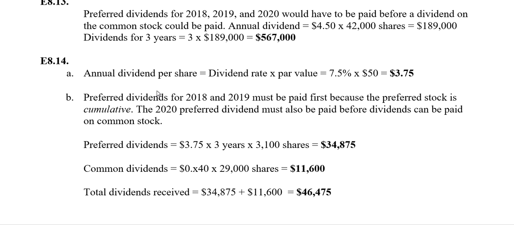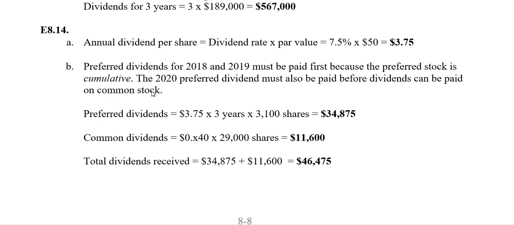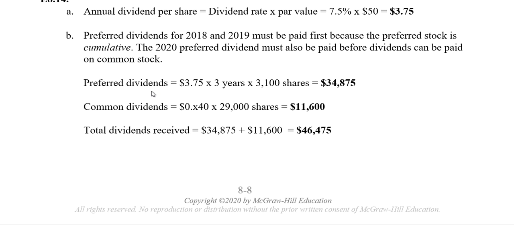So they have a $50 par value cumulative preferred stock. Now, when I say cumulative, that means that even if you didn't pay them these dividends, you still owe them the dividends from the previous years. So that's what cumulative means.